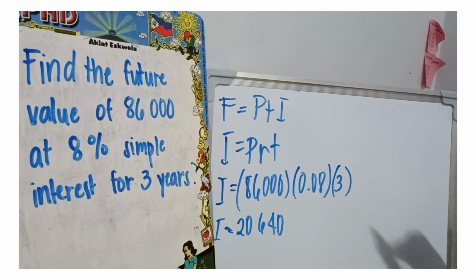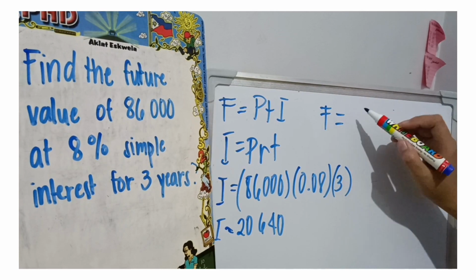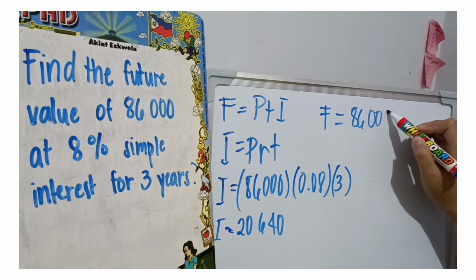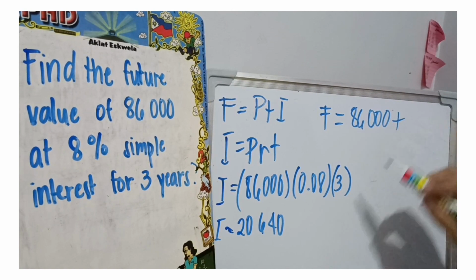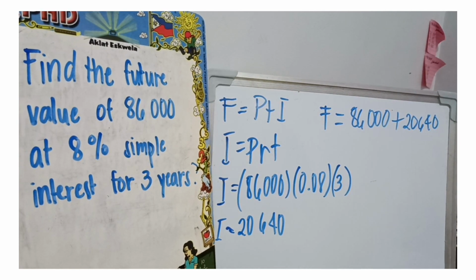So, we now have P and I. F equals P, which is 86,000, plus I, which is 20,640. So, we just add the two.